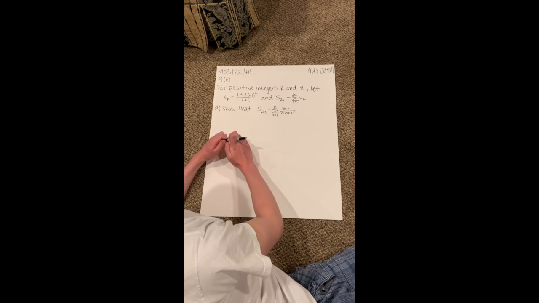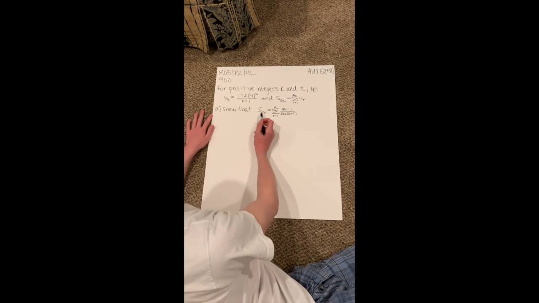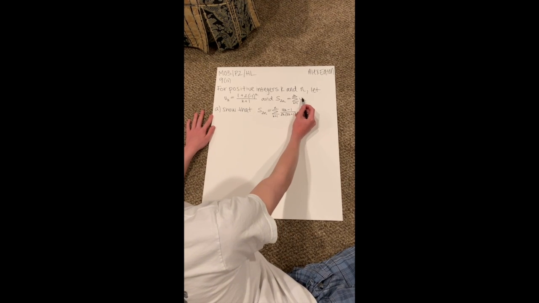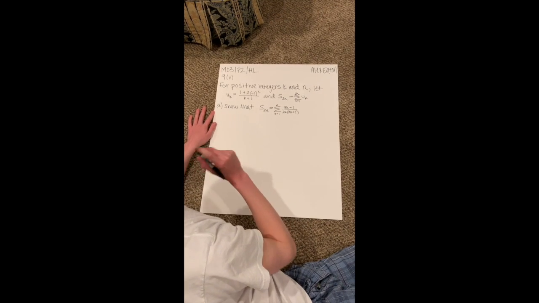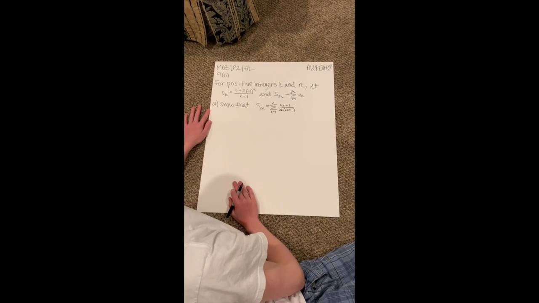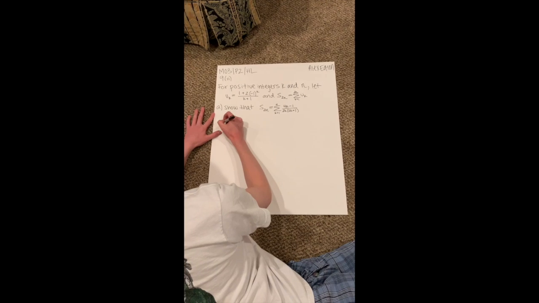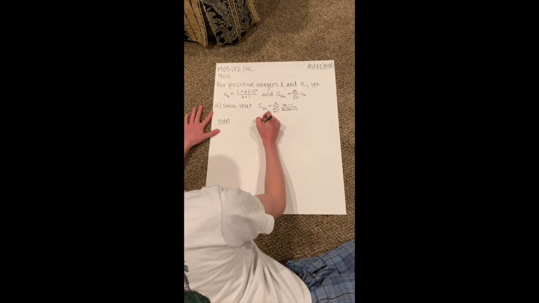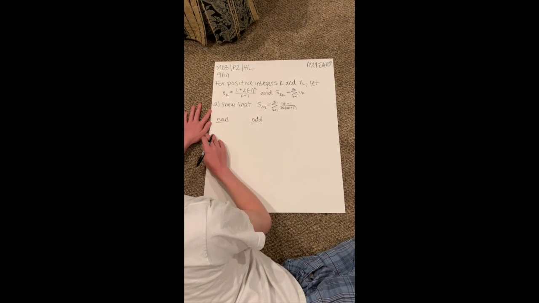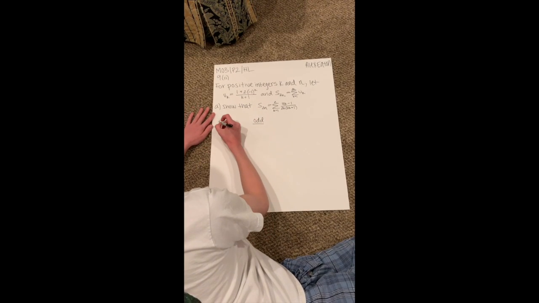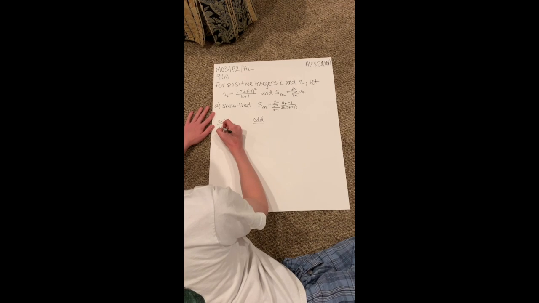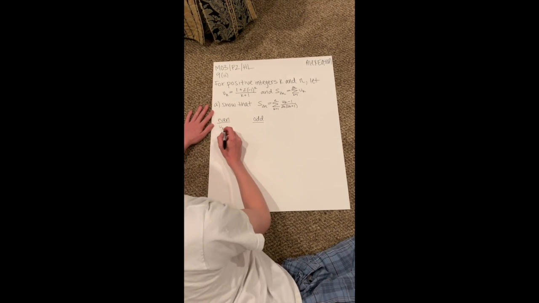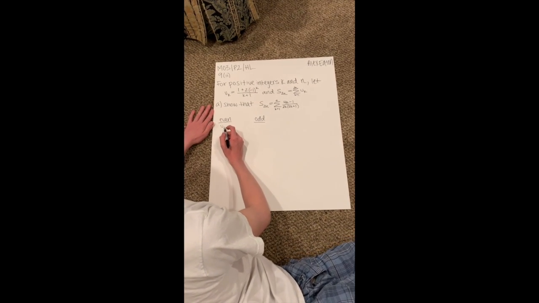When we're looking at the sum to 2n of the series u sub k, since it's alternating, we can split it into even and odd. To generate all even numbers, we're going to use the sequence u sub 2k, because 2k generates all even numbers.